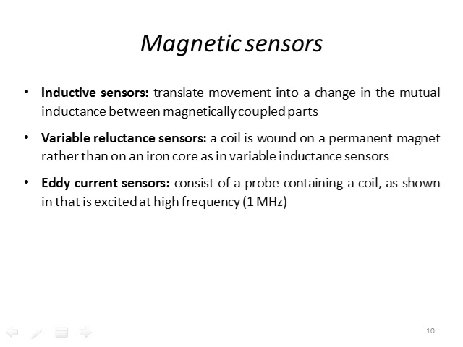And an eddy current sensor, which consists of a probe containing a coil that is excited at high frequencies, and then another material that interacts with the magnetic induction, or the B field, that modifies the flux, and in the end that gets represented in the current through the coil. And we'll talk a little bit about that.